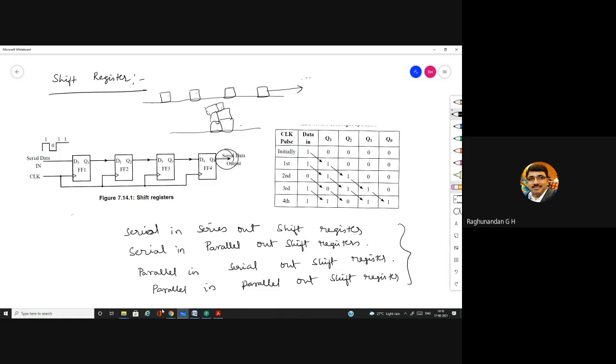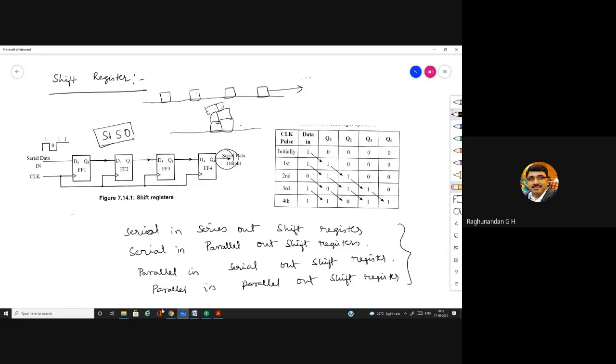Whatever we are studying here, and whatever there is in your syllabus, is serial in, serial out. We call it SISO. So for your syllabus, we are having only this one, serial in, serial out. The diagram we have written here is serial in, serial out only.